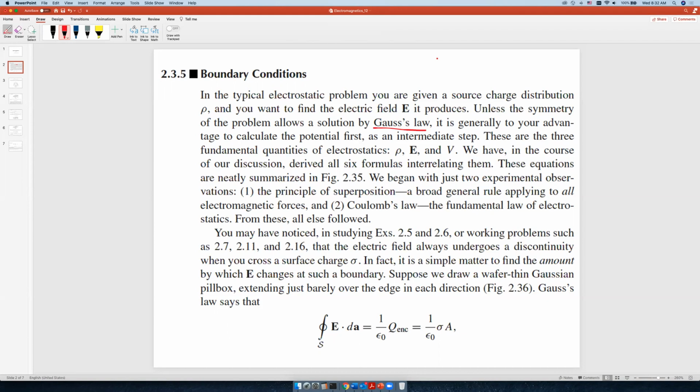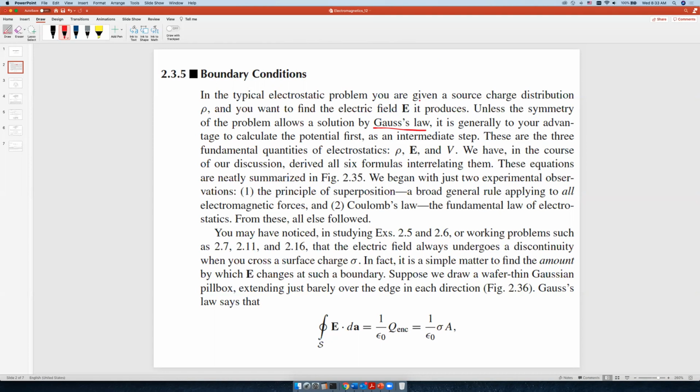If it's not a symmetric case, generally you can calculate the potential first. In Gauss law, what did you calculate? It's E, the electric field. We have done a lot of examples in previous sections of how to use Gauss law to calculate the electric field.